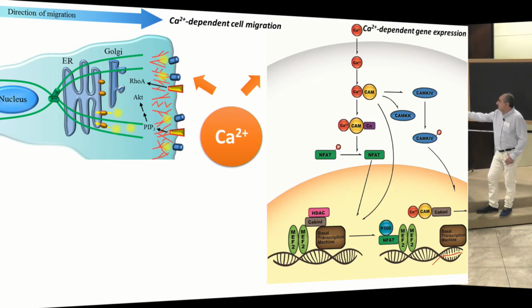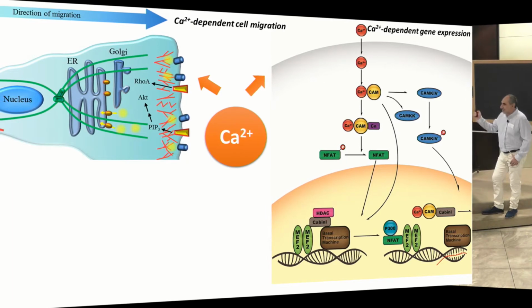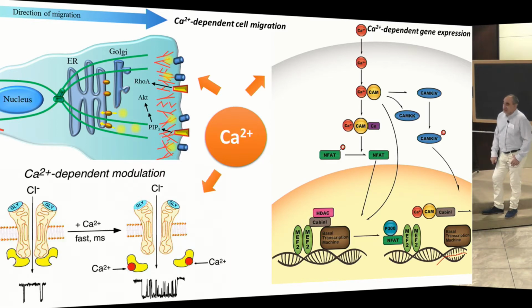In this case calcium is coming from outside, but it can also be coming from internal stores, activating calmodulin and so on. I'm not going to describe this, it's not the focus of my talk, fortunately, because it's very complicated and boring stuff. But in general, channel modulation is also highly dependent on calcium signaling.